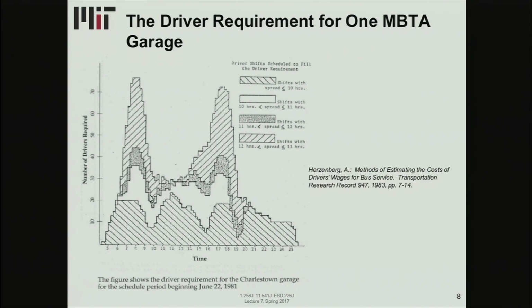If you add service both peak and off-peak in proportion, which means that if there's twice as much peak service, then you're going to add twice as much peak service, and then you're going to have the same distribution of spread penalties and therefore the same average costs.